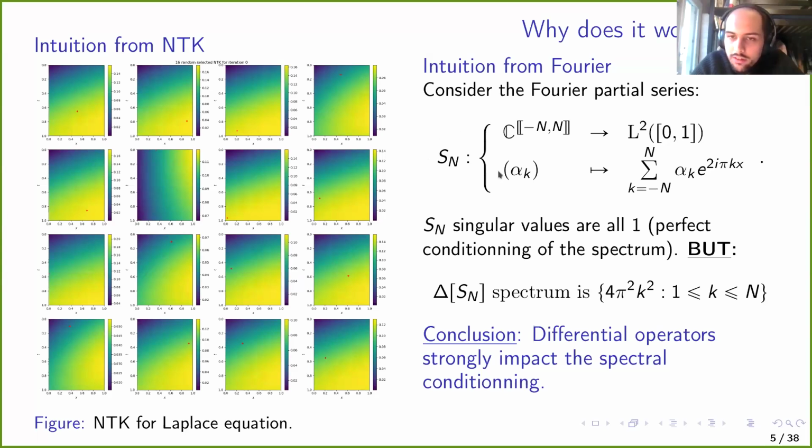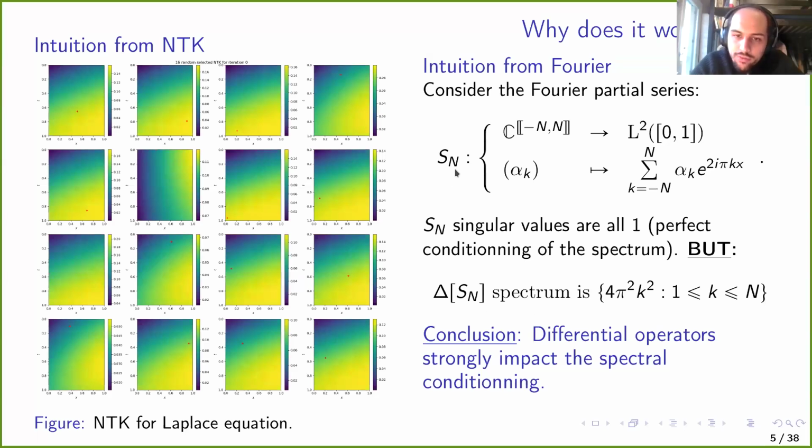The second idea is some intuition from Fourier. You define the partial Fourier series. This is an object that is completely well conditioned, because if you take the SVD of the partial Fourier series, you get all the singular values equal to 1.